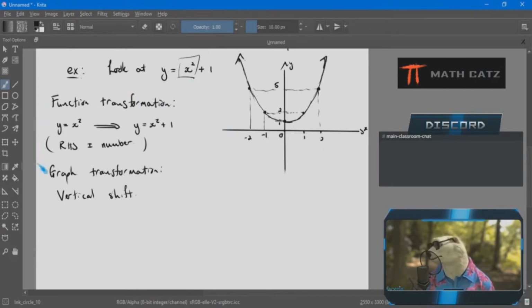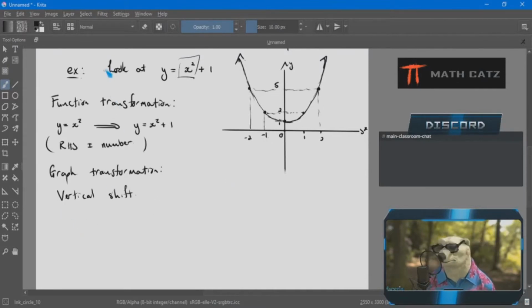But it's very important to understand the function changes, and that has a result in the graph. Okay. People do this backwards. They just want to manipulate the graph, but the function changes, and then based on how that changes, the graph might change in a specific predictable way.